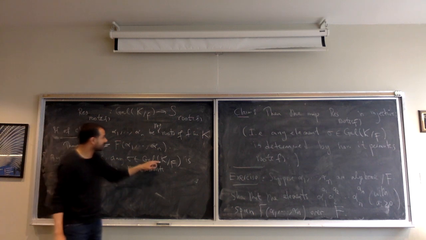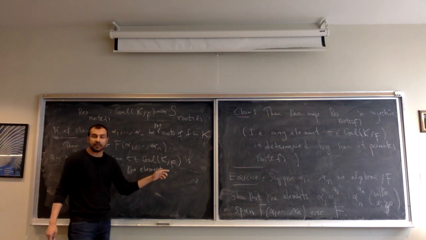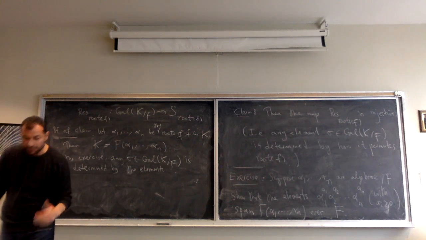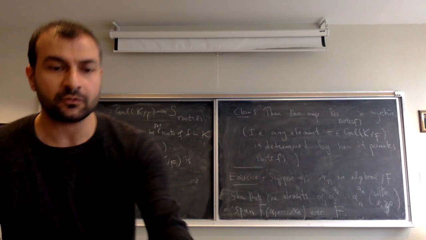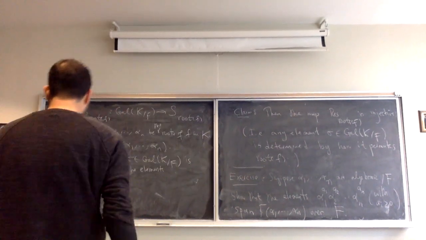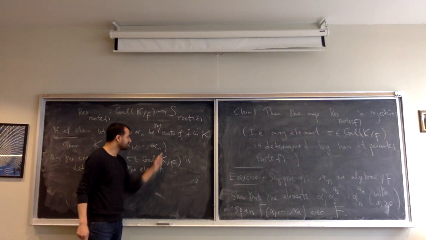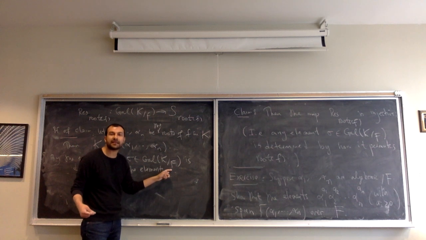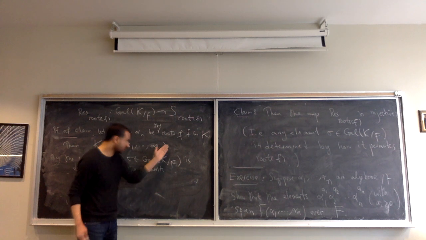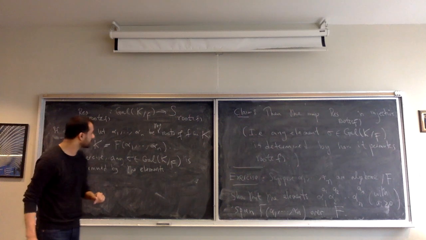Look, so sigma is an element of the Galois group of K over F, right? So it fixes F, and now remember in one of the previous videos we observed that when you have an automorphism of K which fixes F, that's the same thing as saying that it is F linear. It's an automorphism of K which is F linear.